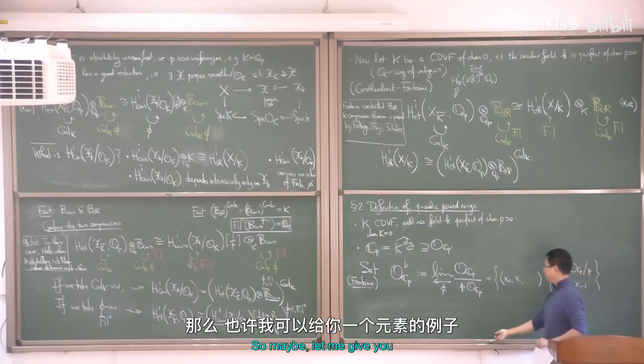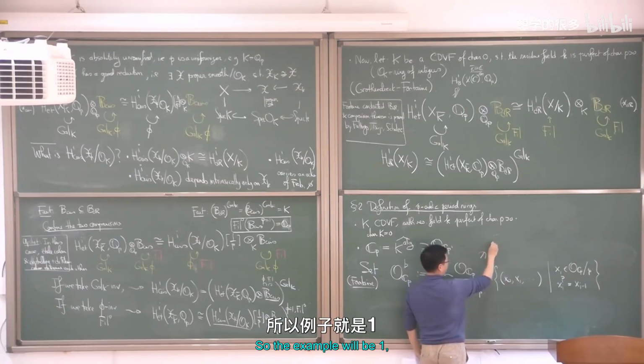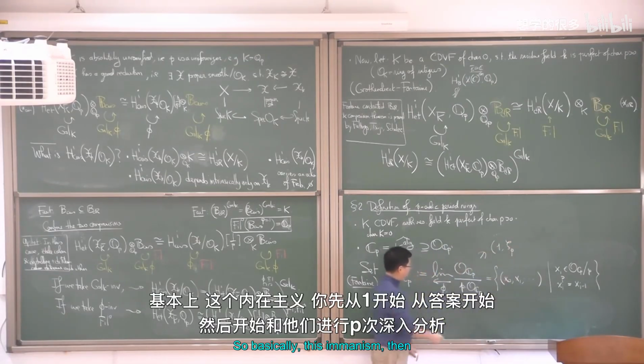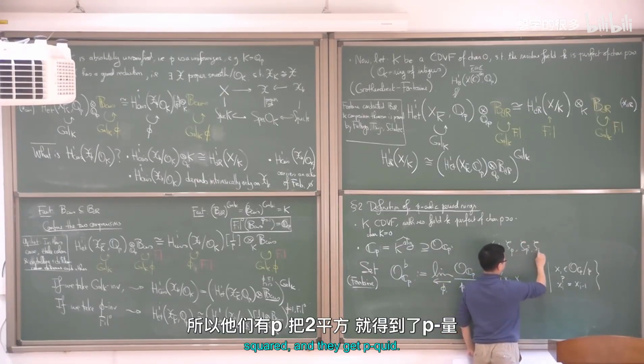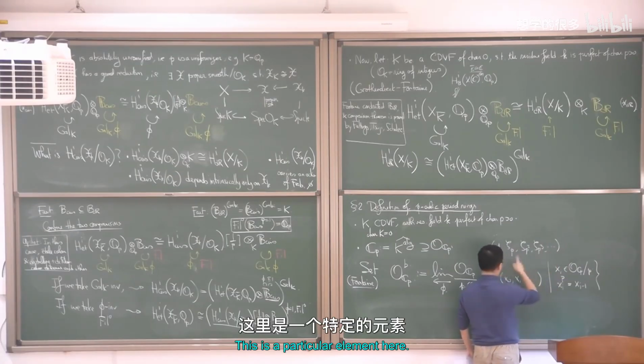So let me give you an example of an element here. The example will be (1, zeta_p, ...). Basically, this inverse limit is that you start with 1 and take pth roots of that: zeta_p, and zeta_{p^2}, and zeta_{p^3}, and so on. This is a particular element here.